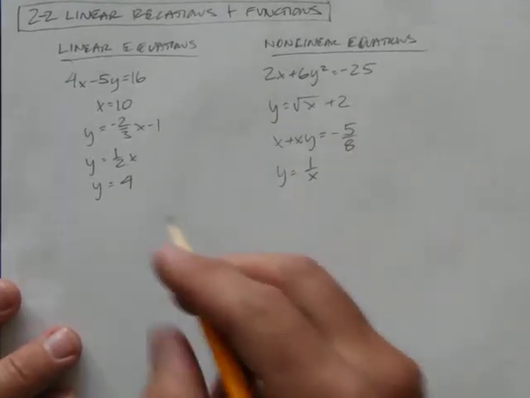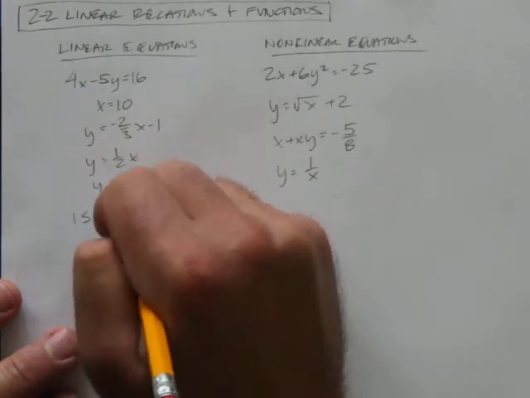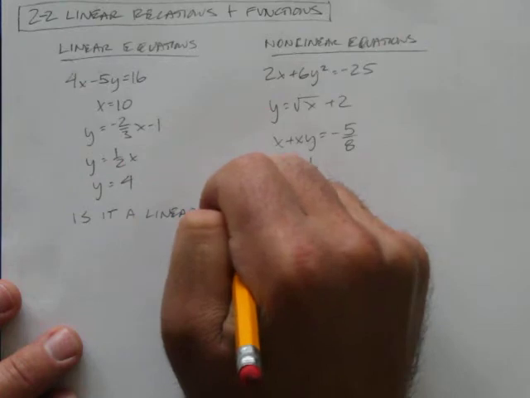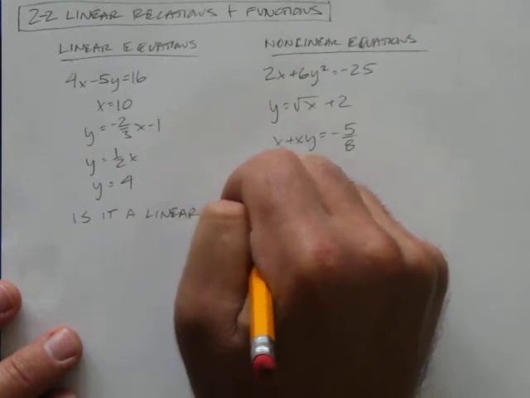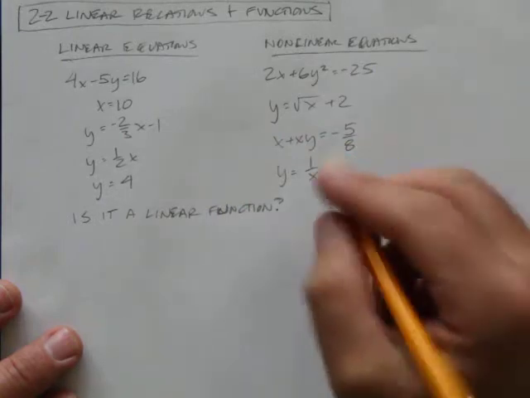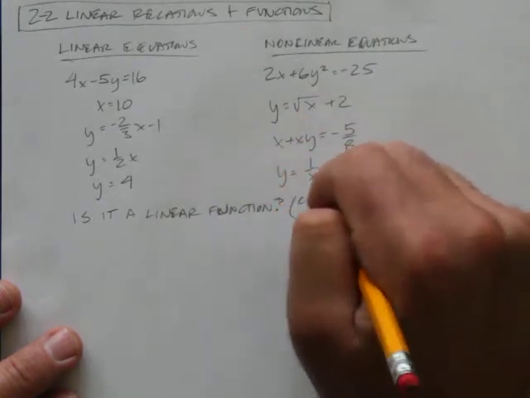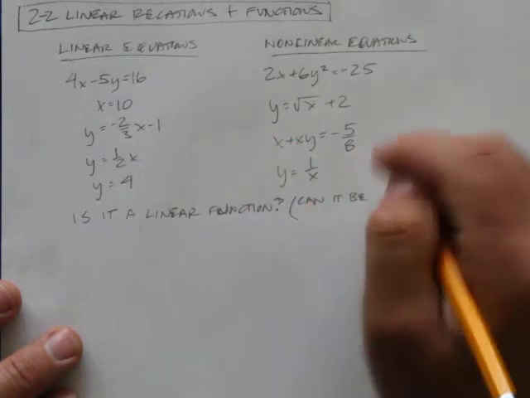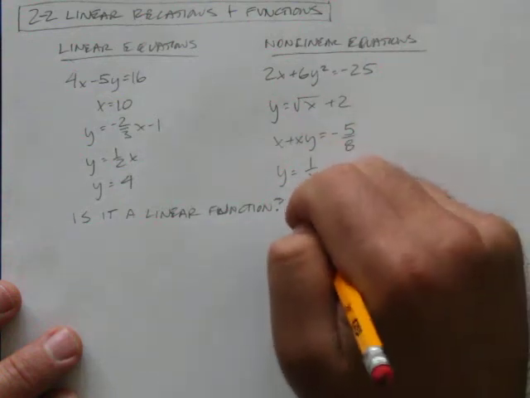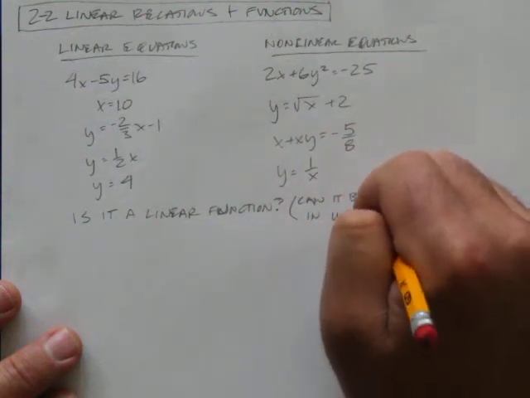So is it linear? Is it a linear function? And when we ask this, really what we're asking is, can it be written in slope-intercept form, y equals mx plus b?